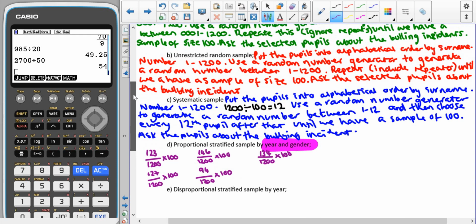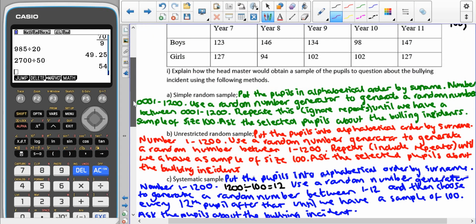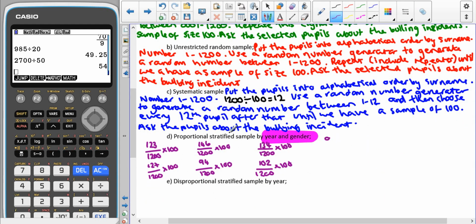So for each one, we're doing the number of people in the group divided by the number of people in the population times our sample size, which is why I needed to select a sample size before I did this.